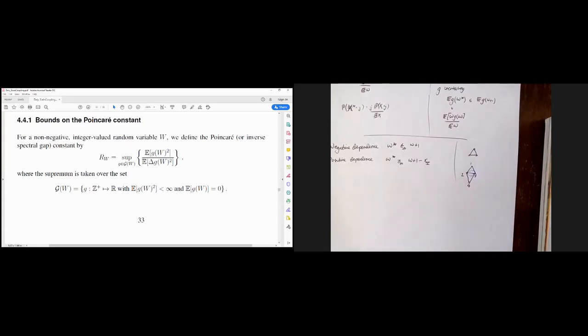The constant that you can get in a Poincare inequality for W is more or less comparing how big the expected value of g of W squared is compared to the expected value of the increments of g of W squared, but just for functions for which that's defined and which have expectation 0.